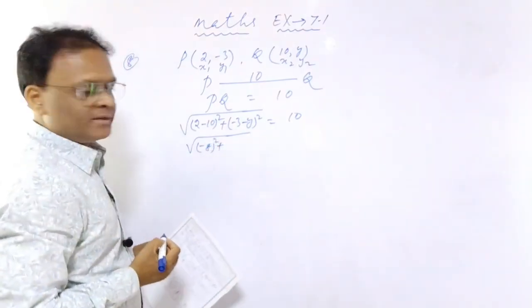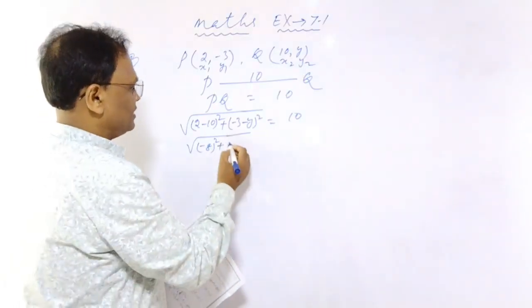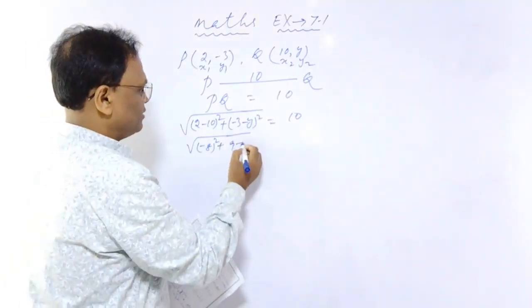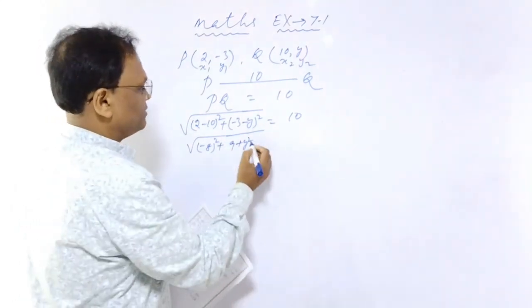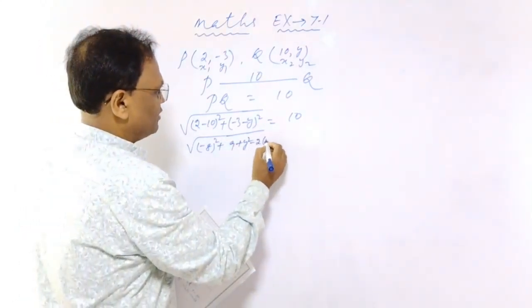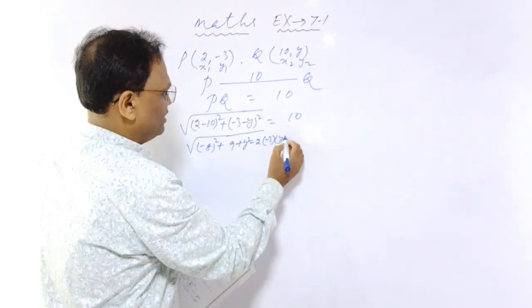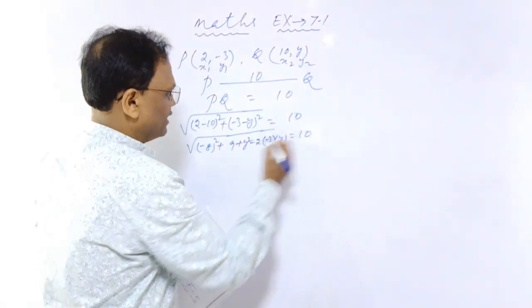If I expand, what do I get? 3 squared is 9, a square plus b square minus 2ab. This is equal to 10.